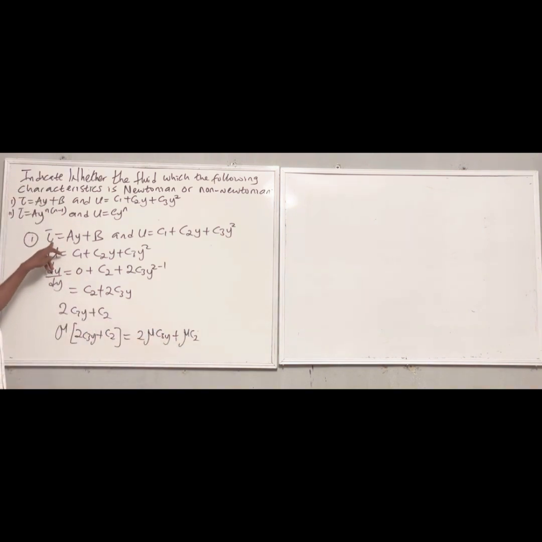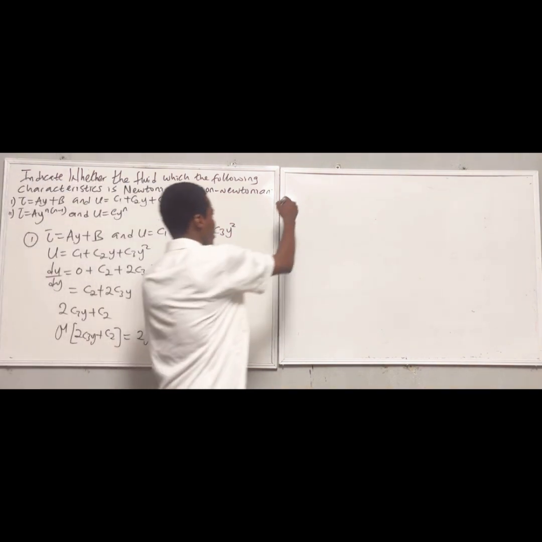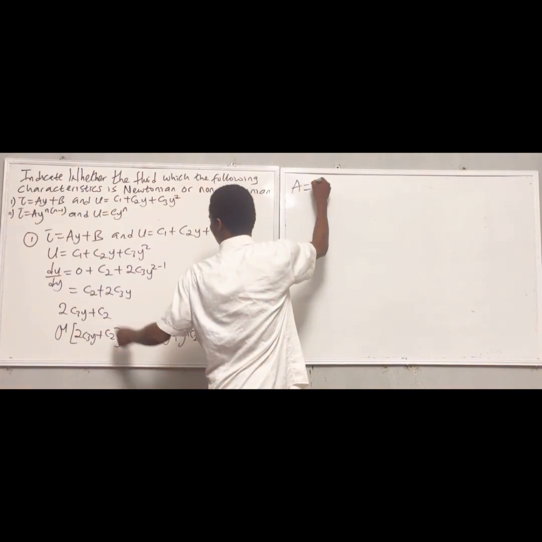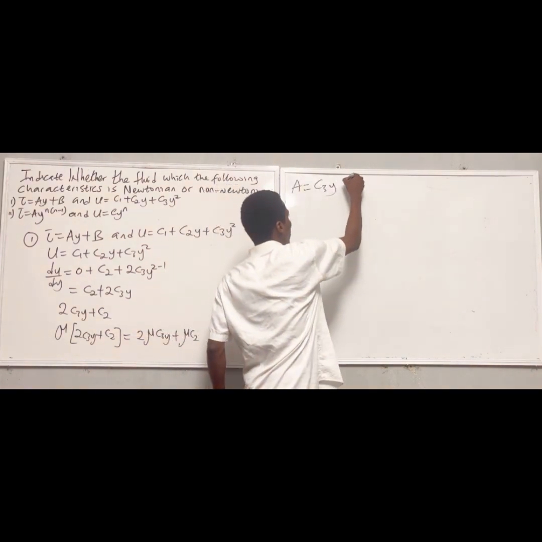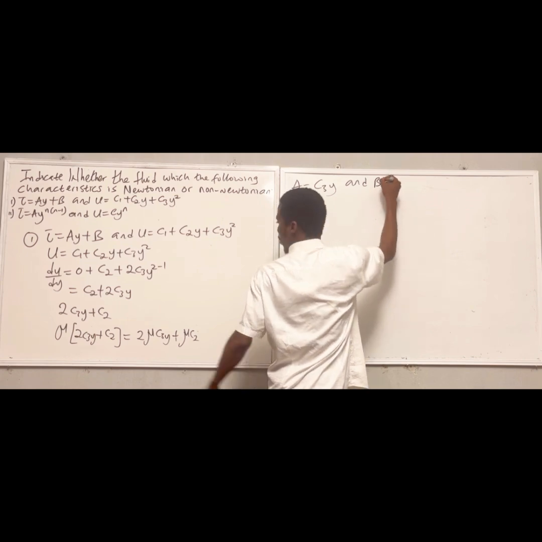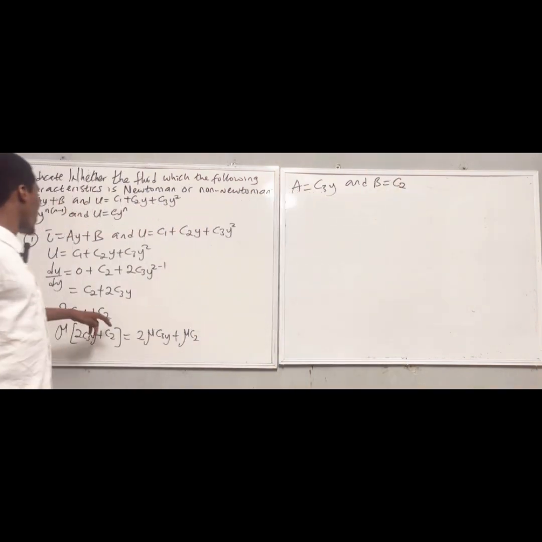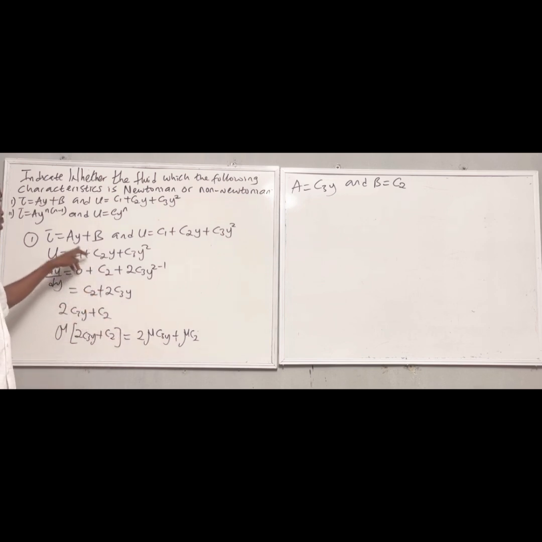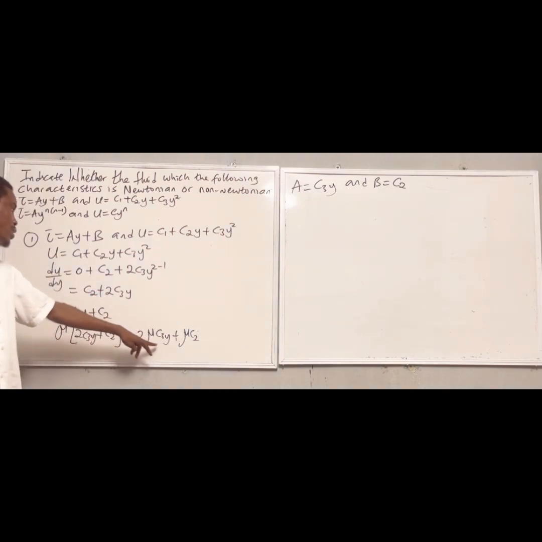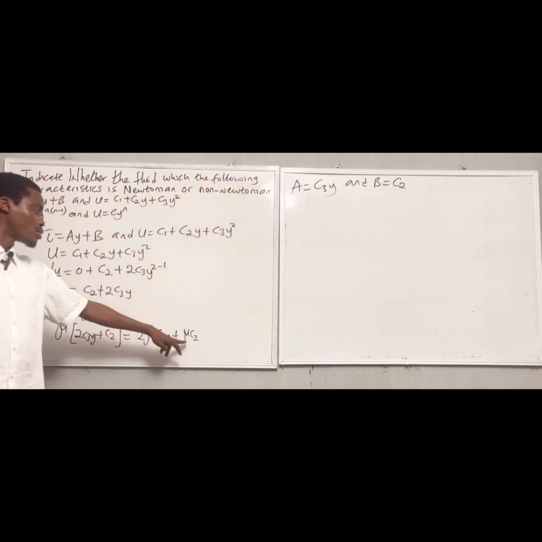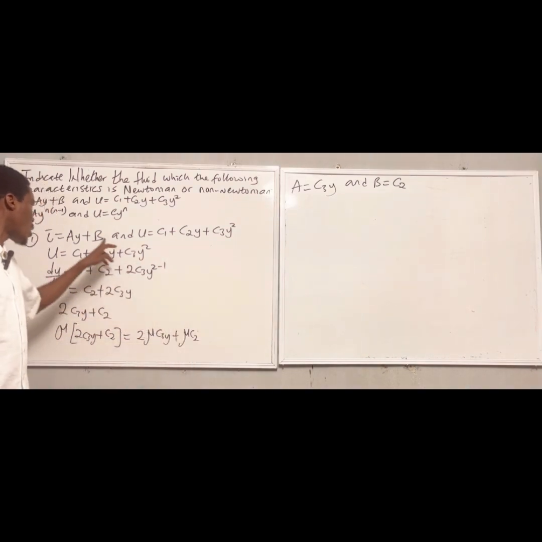And if you remember, our shear stress is equal to Ay plus B. So our A here is 2 mu C3, and our B here is mu C2. That is, 2 mu C3Y represents our Ay, and the viscosity times C2 is our B. So it means that number one satisfies it, it is a Newtonian fluid.